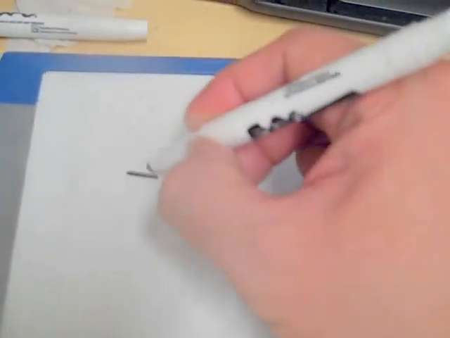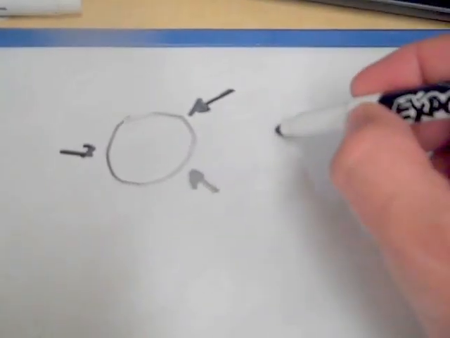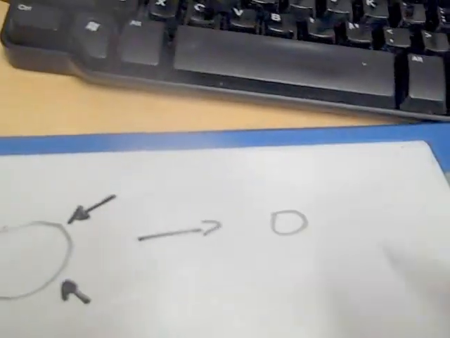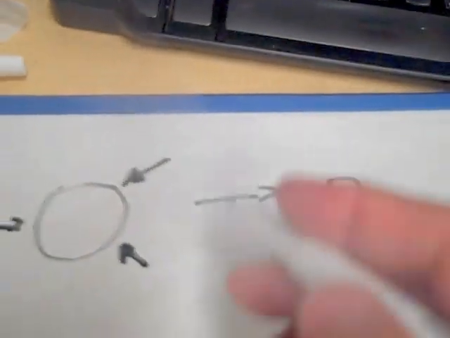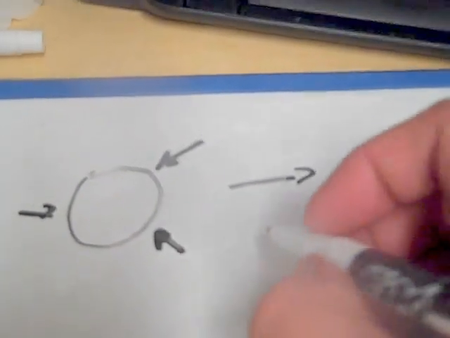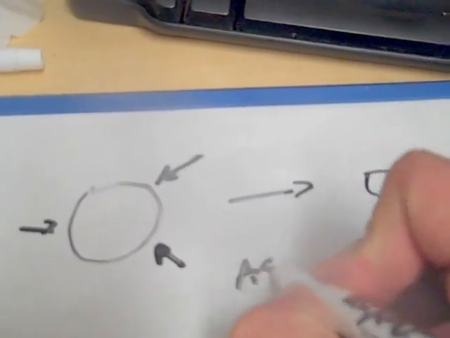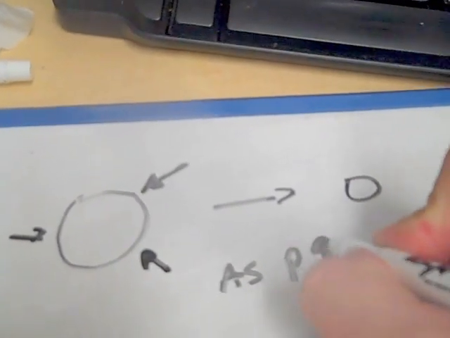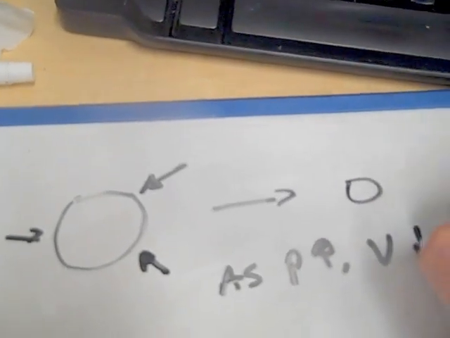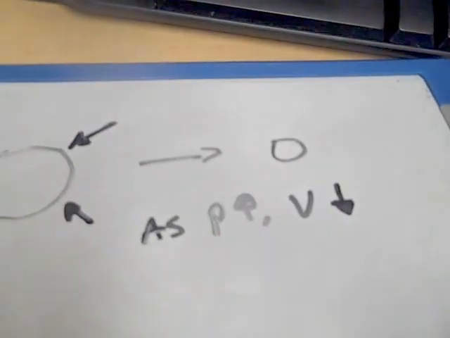What happens to the balloon? Well, it'll get smaller as a result. So what we see is that as pressure increases, the volume decreases.